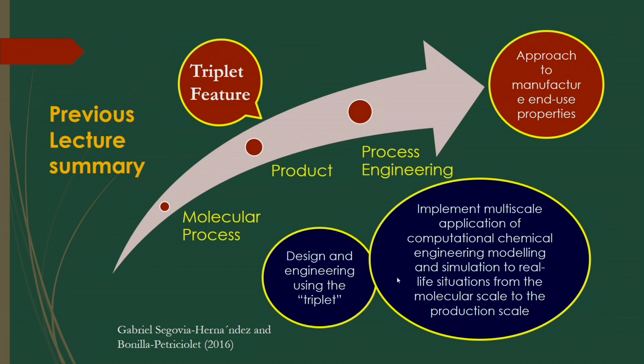They call these features molecular process, product and process engineering. The molecular process means the reaction process at the molecular level. By this molecular process you get the product, which will of course be a mixture of different products and byproducts, that is desired products and undesired products, and even unreacted products would be there.